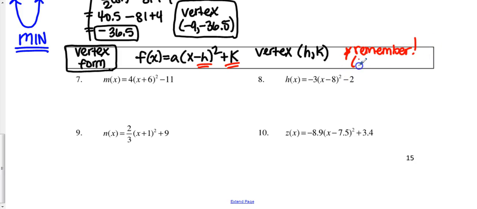h has a built-in negative. H has a built-in negative.